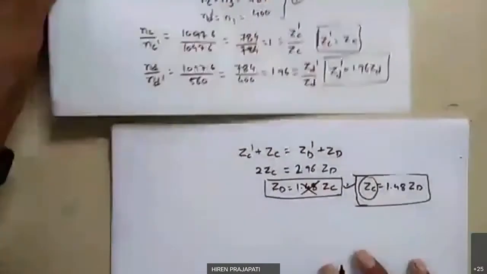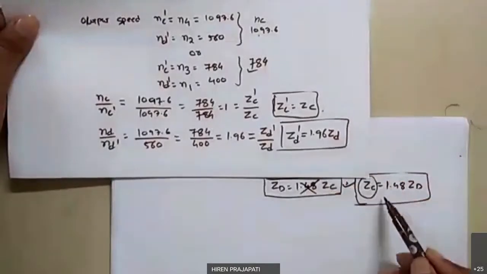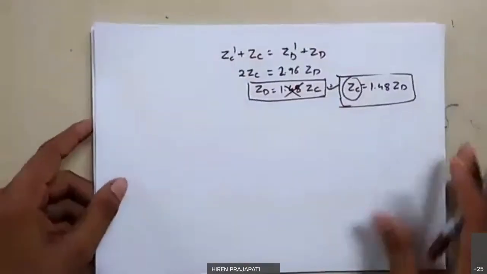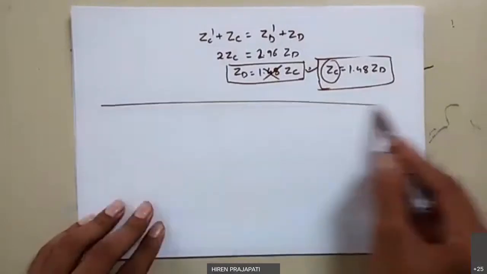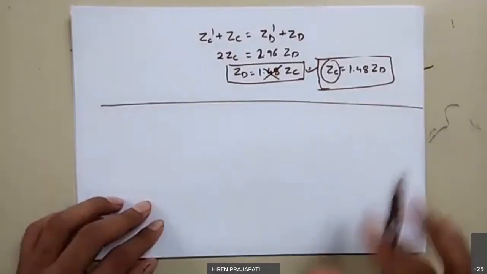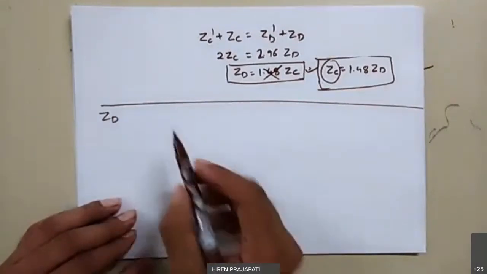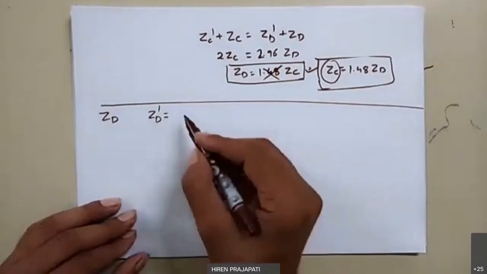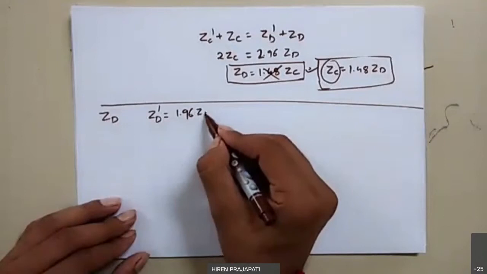Now, using all three equations 1, 2 and 3, let us make a table. First is ZD, second is ZD dash, which is equal to, as per our derived equations, 1.96 ZD.